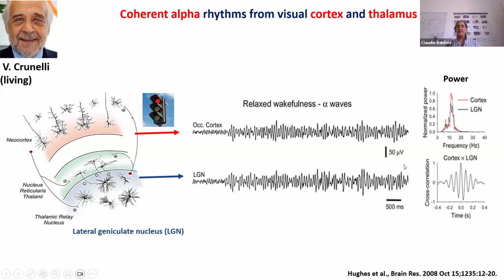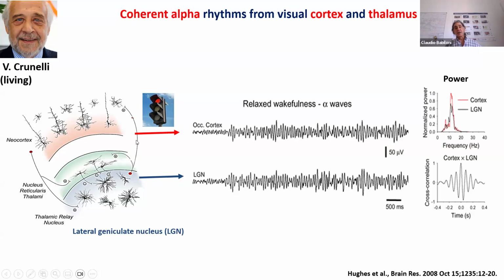And this means that the two local field potentials from occipital cortex and lateral geniculate nucleus were highly correlated, showing this kind of functional connectivity from thalamus to cerebral cortex and from cerebral cortex to thalamus.